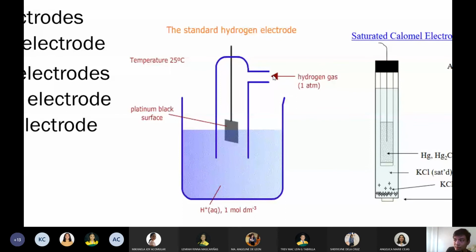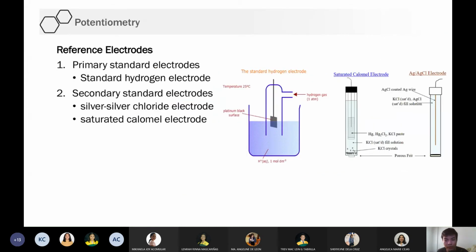So you have this gas inlet, gas talaga yan, okay? Hydrogen gas. Then you have your acid solution here and then you have your metal plate which is platinum. So the platinum will act as catalyst for the reaction. No? It provides surface area for the gas to react with the solution. Okay. So yan yung precursor ng pH meter.